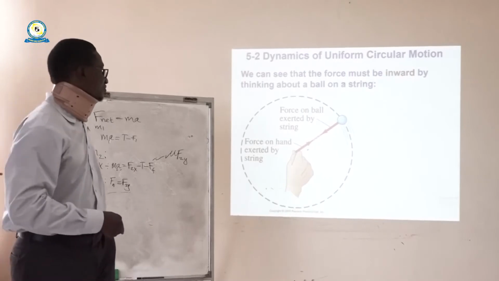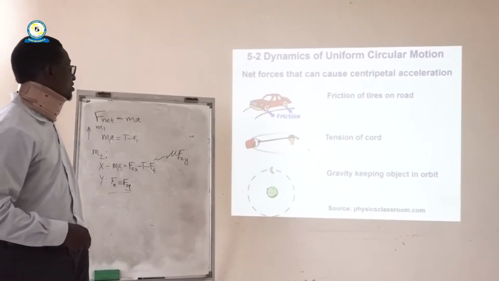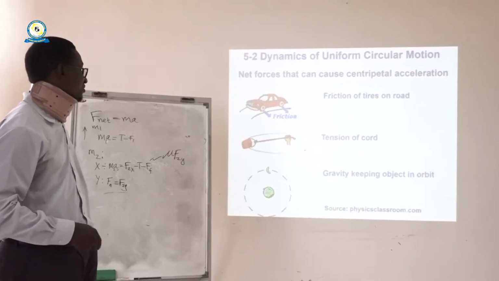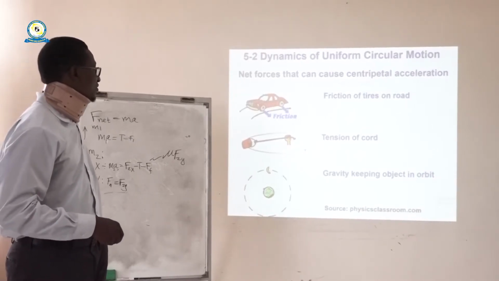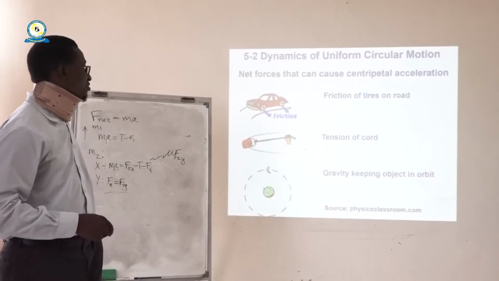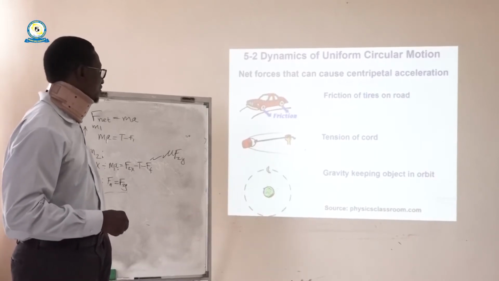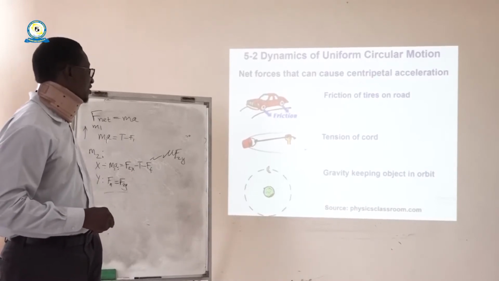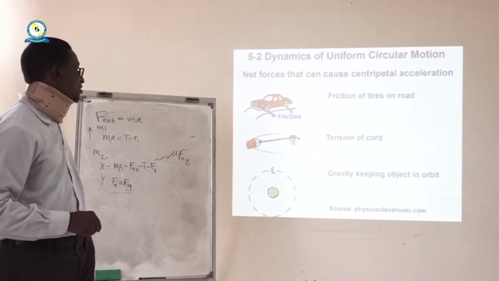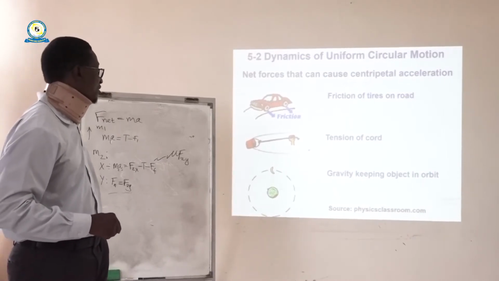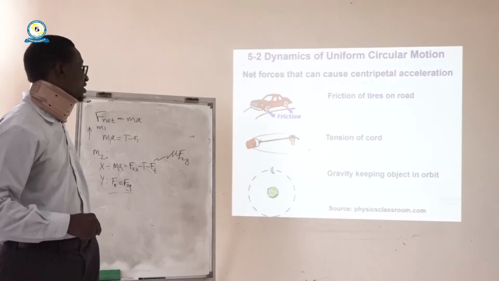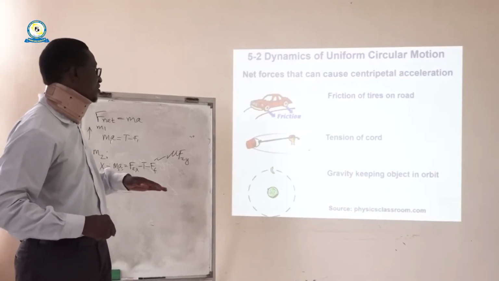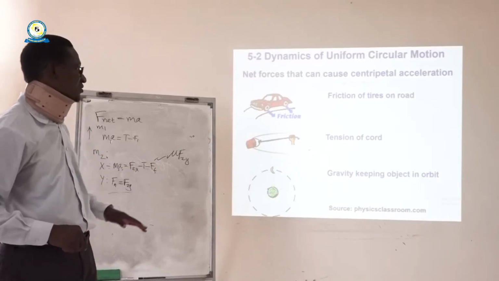These are net forces that can cause a centripetal acceleration. Friction of tires on the road: on banked roads, in some corners, you'll see the road tilted.